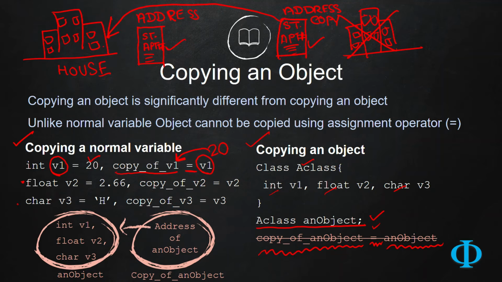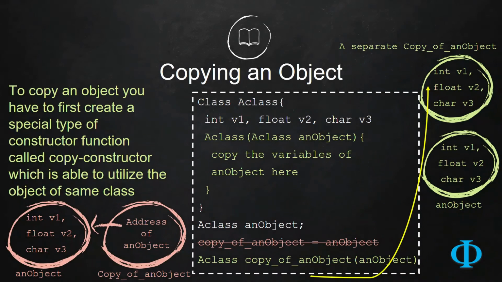So that is not the way you can copy an object. So what is the way to copy an object if not the assignment operator? There comes the concept of the copy constructor.